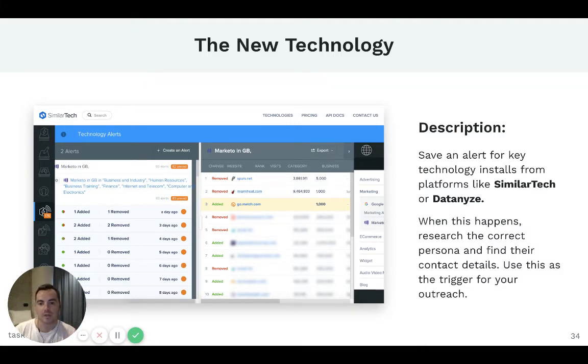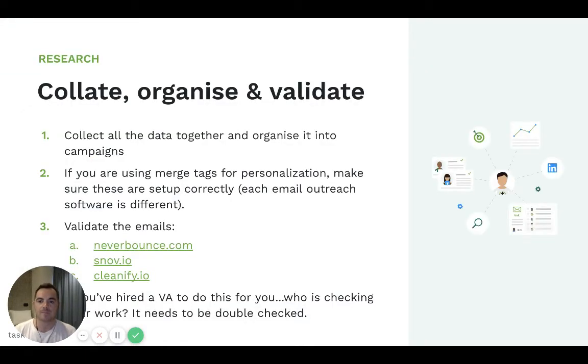So using a tool like Similar Tech, you can actually receive alerts when companies start using new technologies. So it's really, really smart. And again, it can build these lists on a weekly and monthly basis so that every day you have new data, rather than just building a list based on somebody's job title, because that just doesn't work anymore.